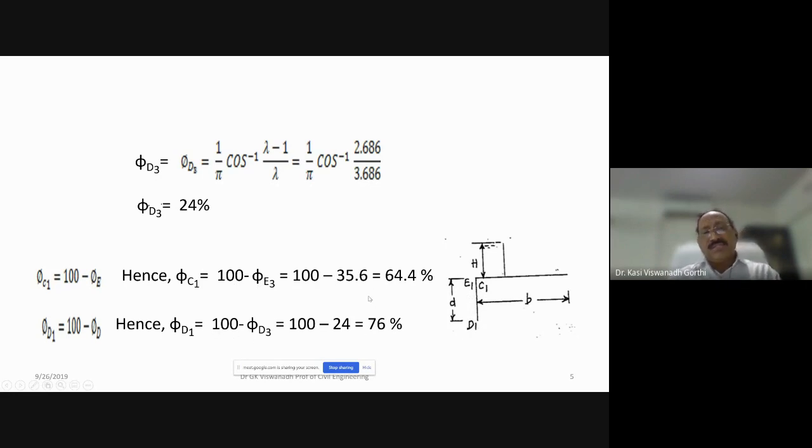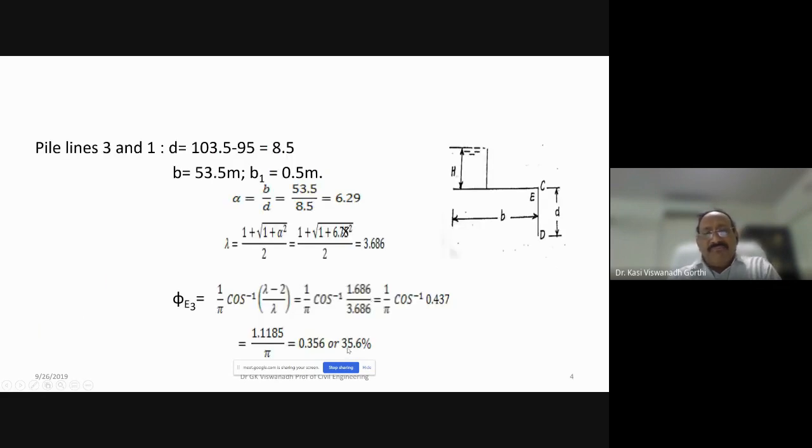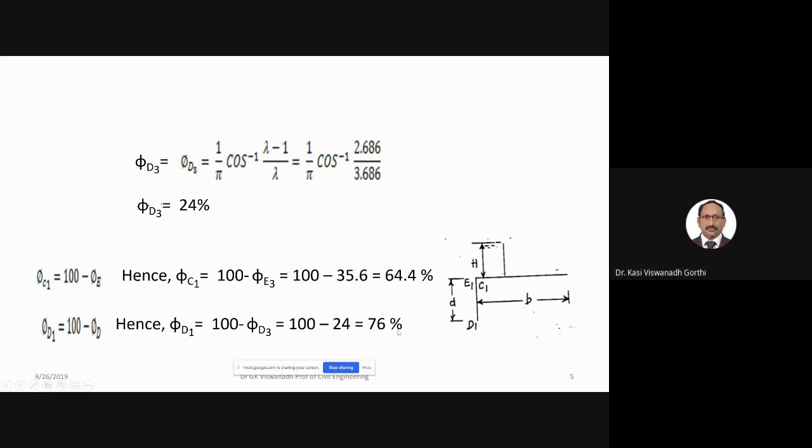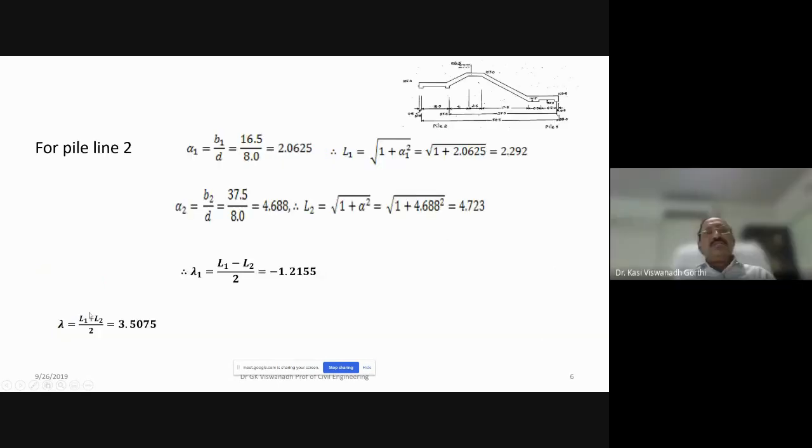So you got the percentage pressures of 35.6% and 24% at the end sheet pile at the junction points E and D. Similarly, at the beginning of the pile, 64% and 76% for the points C and D. So we have taken the end sheet piles, pile line 3 and pile line 1.